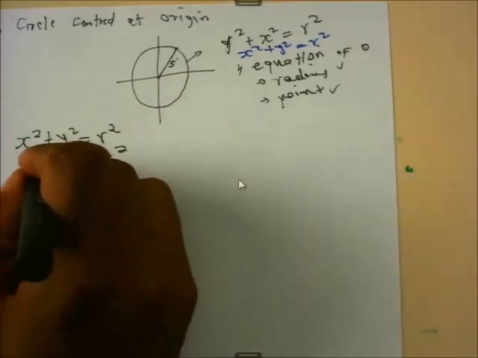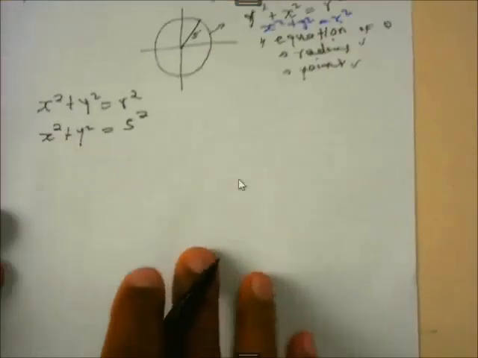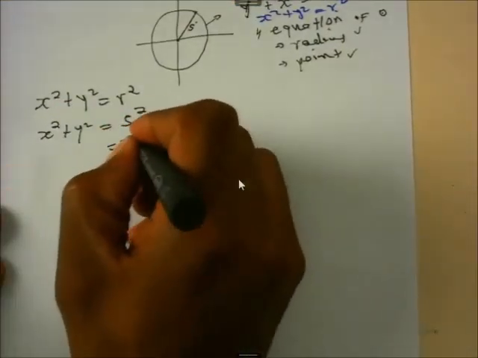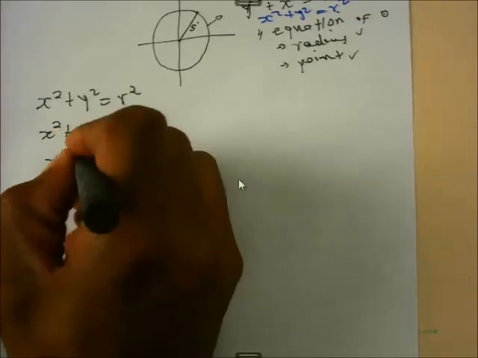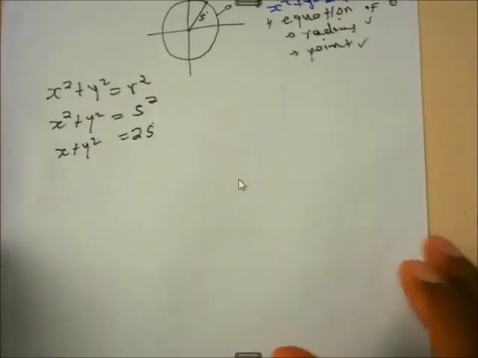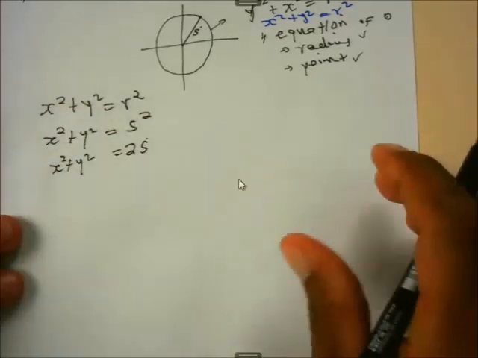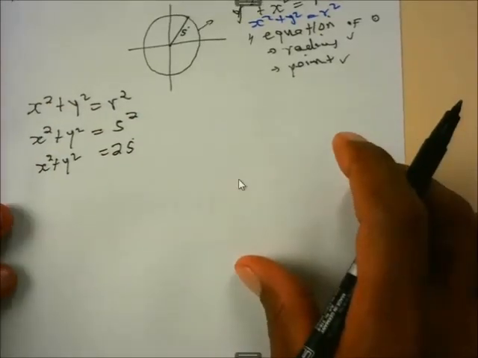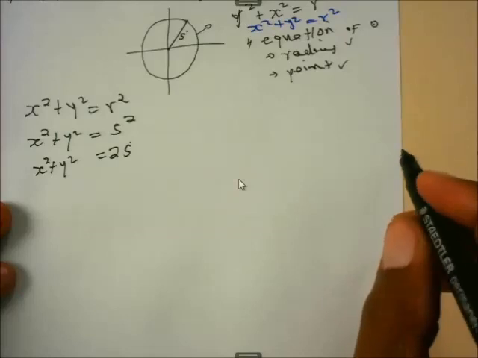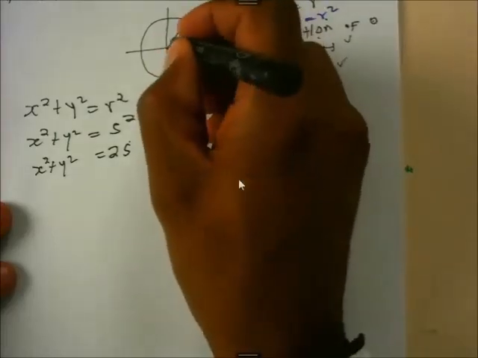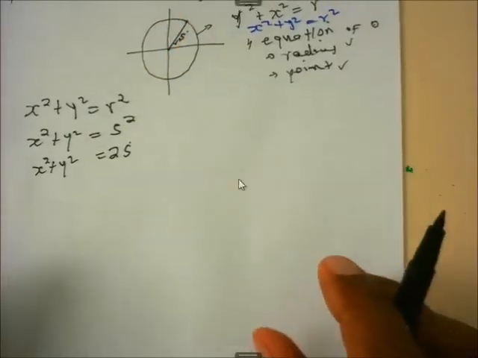You're going to have x squared plus y squared is equals to 5 squared. Therefore, the answer is 25. Therefore, the equation of this circle will be x squared plus y squared is equals to 25. That is when the radius is given, if r is equals to 5.